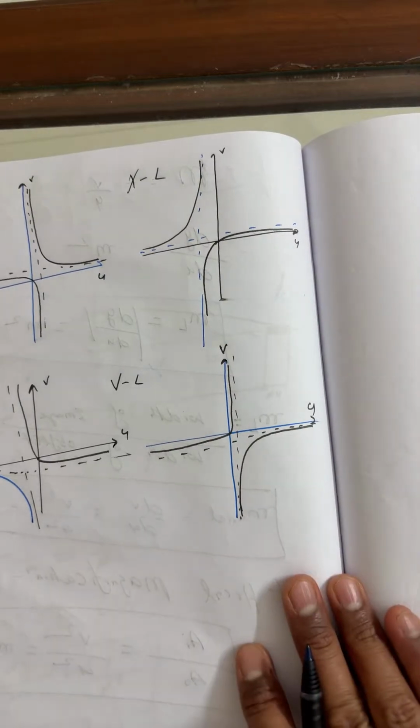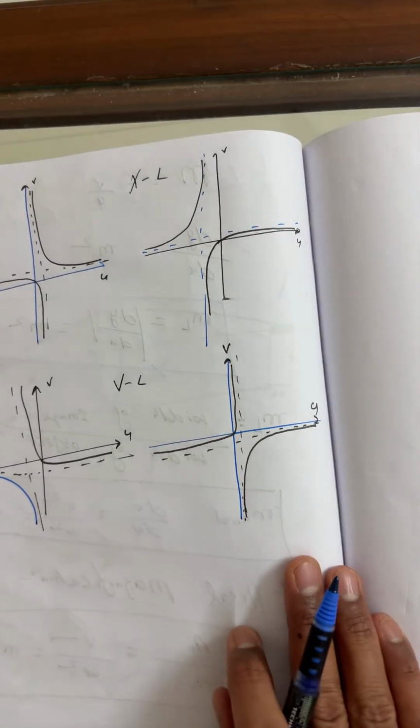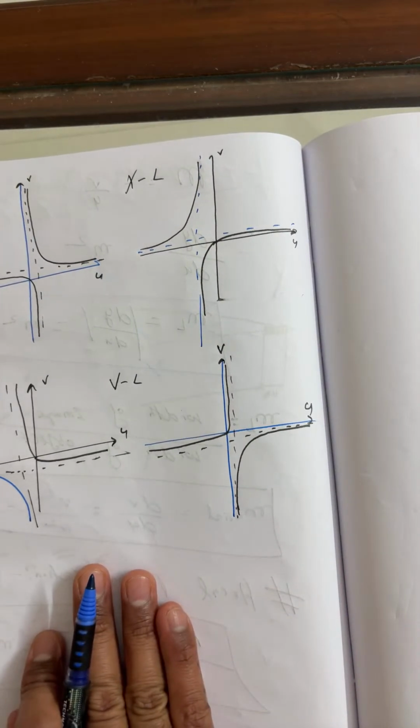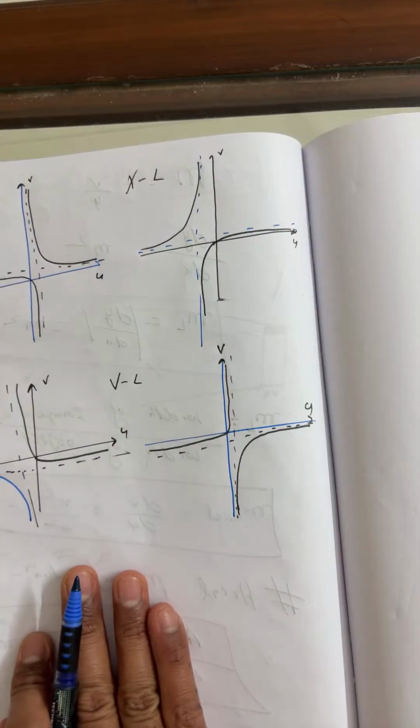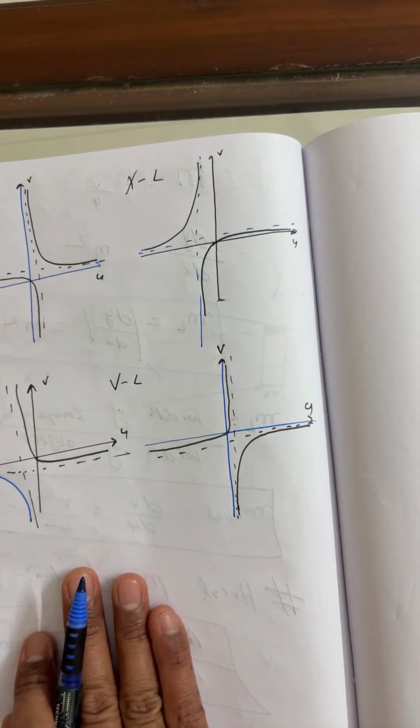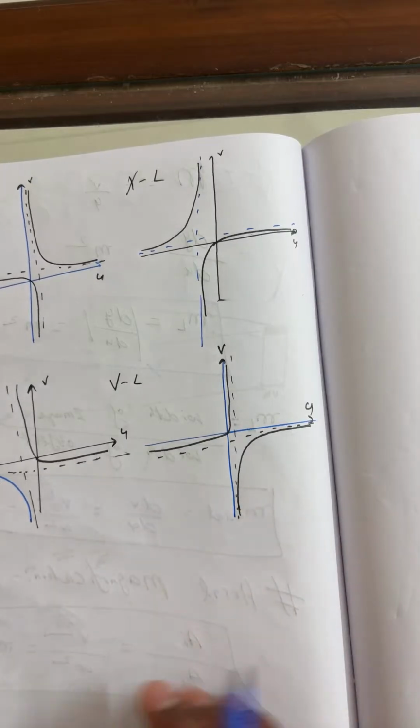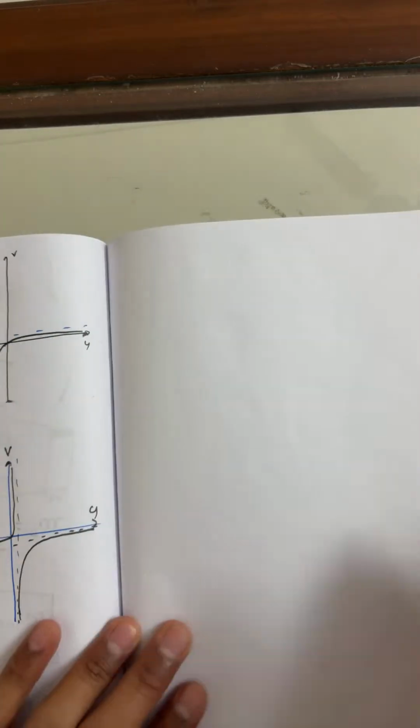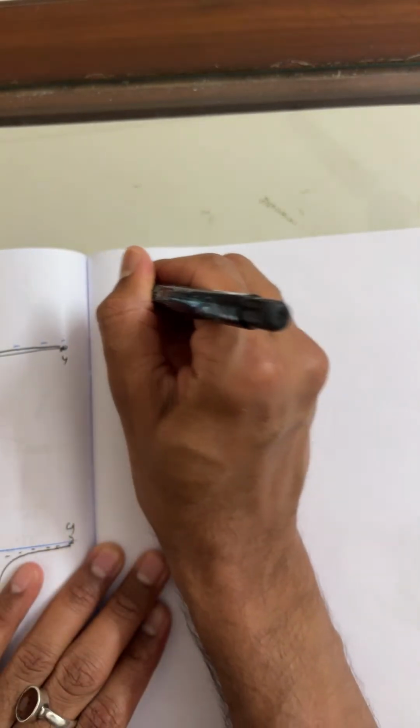Next concept here: effect of motion of object and lens on image. So this we will go through next.